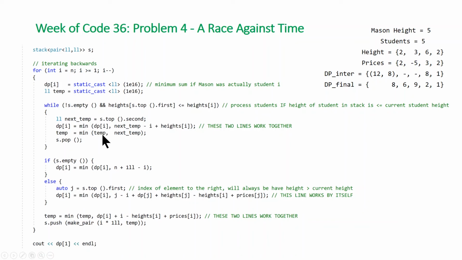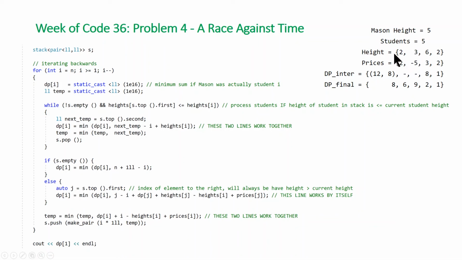We have this extra assignment to our temp here, where we are always going to set temp to the minimum of temp and next temp, and that's going to take care of the case in our algorithm where we're starting with Mason with a height of 5. We don't want to step down to the first student at a cost of an additional 3 in time and 2 in cost. That's going to add to our total sum, and it won't result in the minimum.